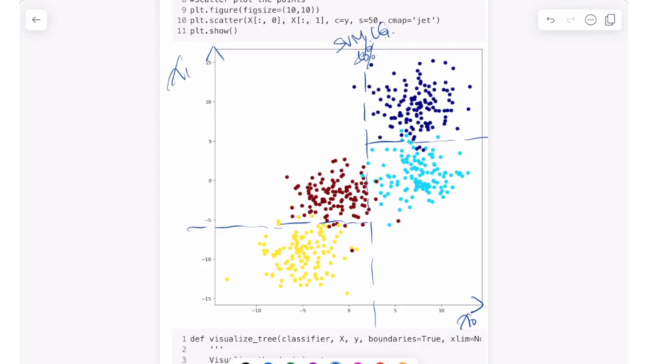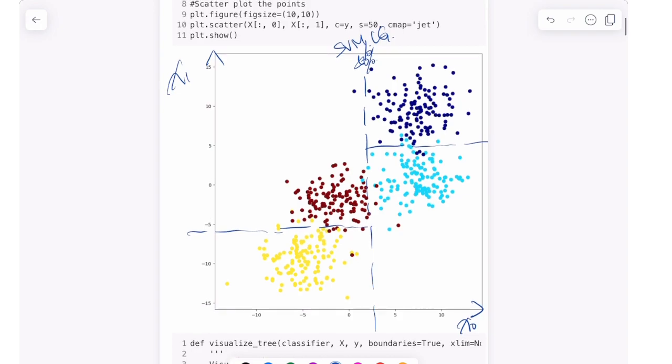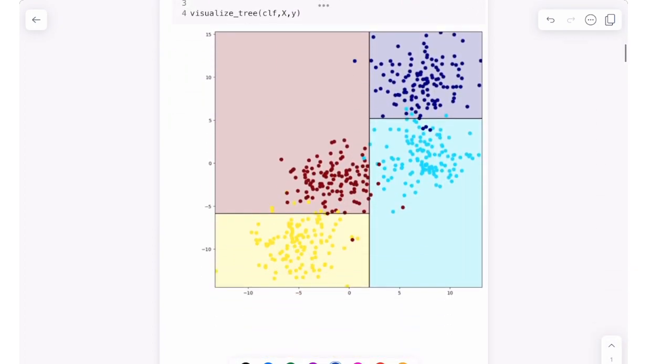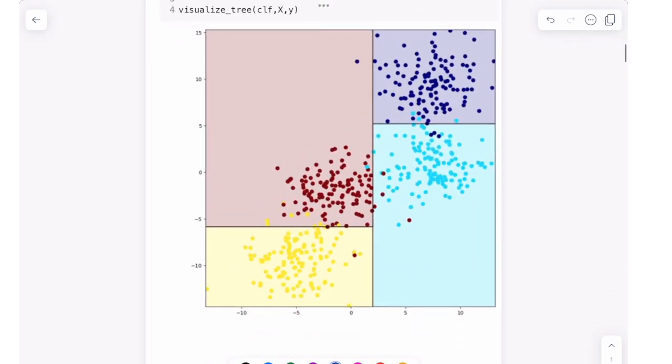So that is the tree. So if you apply the tree algorithm, it may look like this. Okay, it is just an example. So again, that is x0, that is x1.